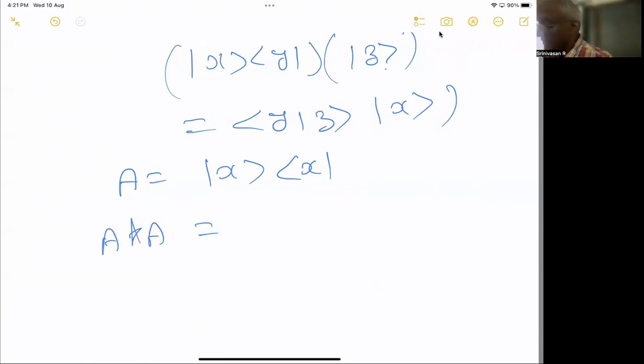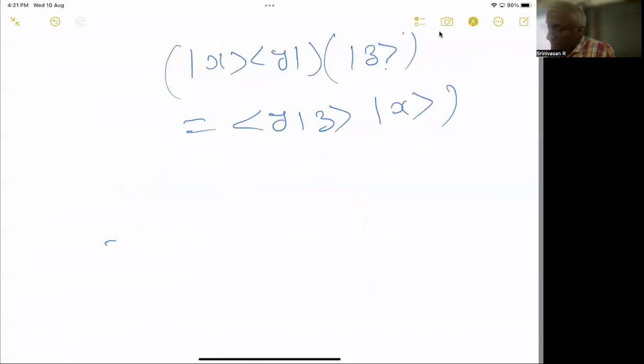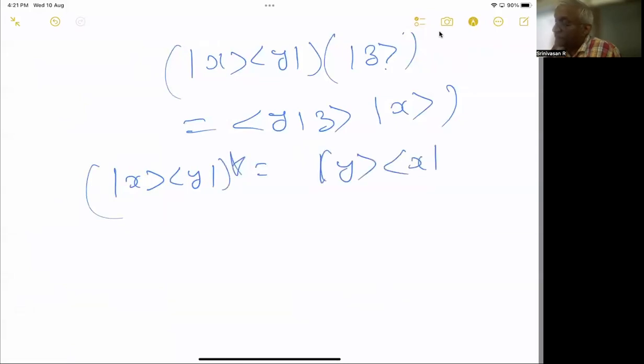What is A star A? You want to use A star. For the time being, take it like this, because I will be doing this again for a Hilbert space, so I don't want to repeat. If you have any operator like this, xy, then its star is going to be yx. Please assume this.